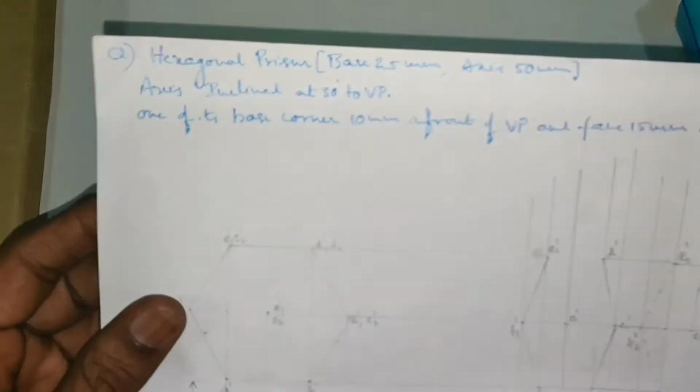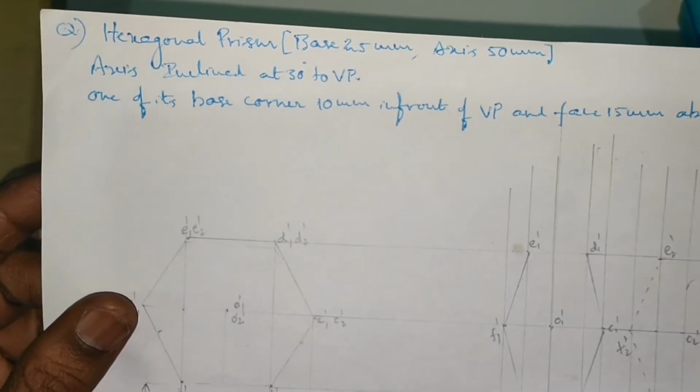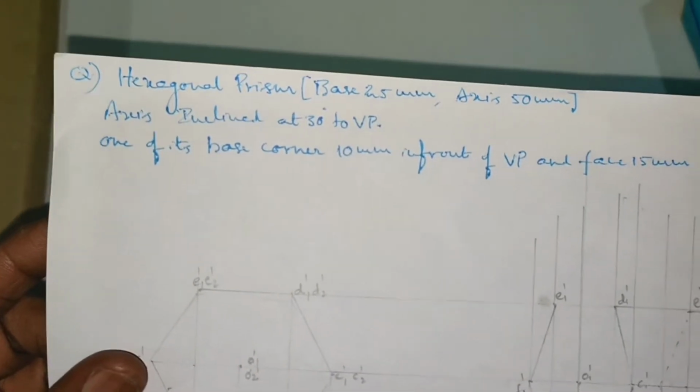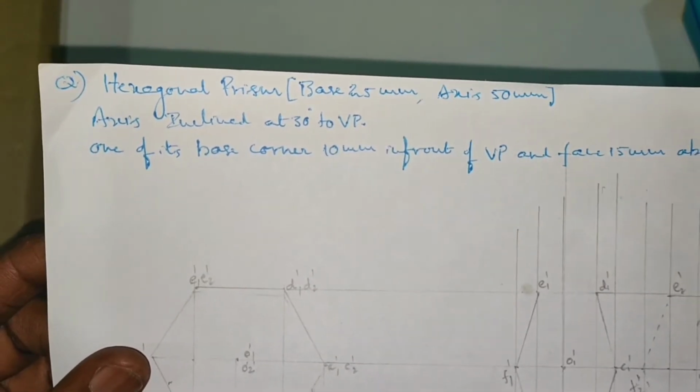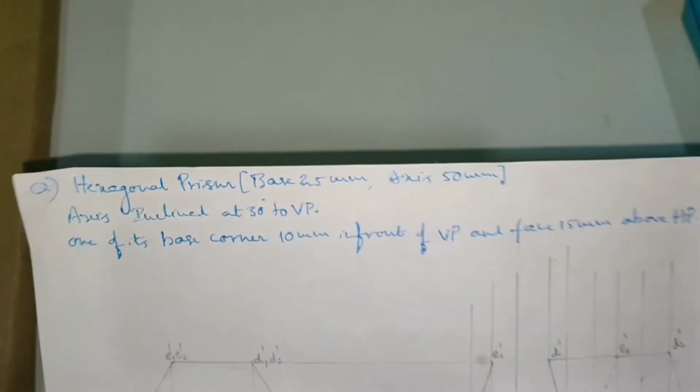Here we are given a problem regarding a hexagonal prism. The prism has a base of 25 mm and an axis of 50 mm.